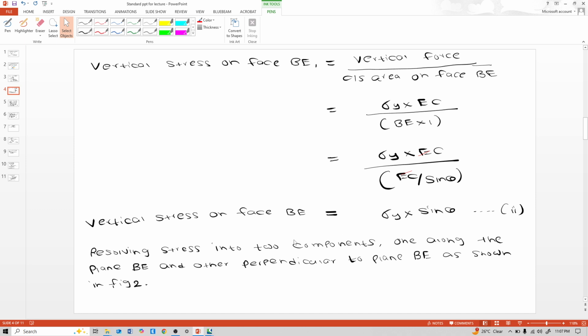So we resolve stresses into two components, one along the plane BE and the other perpendicular to BE, as shown in the figure.